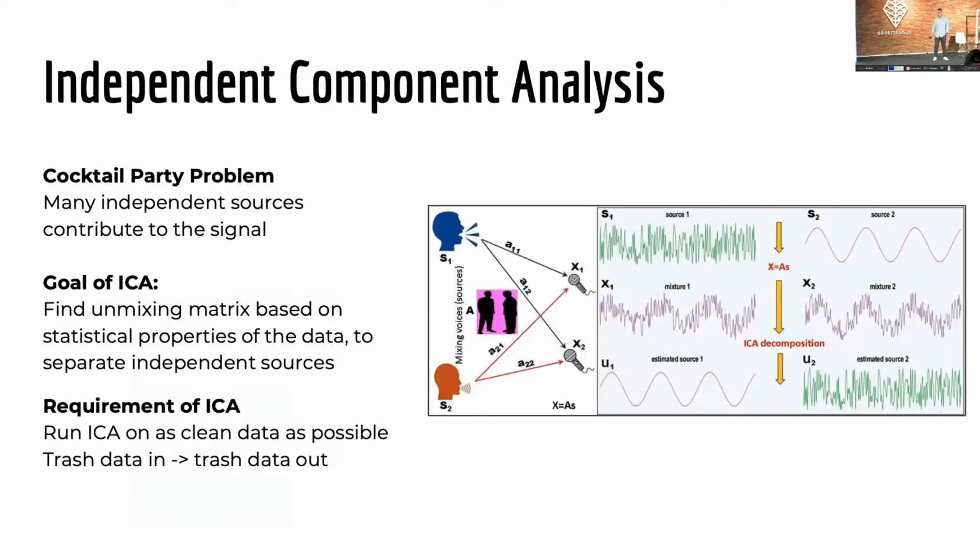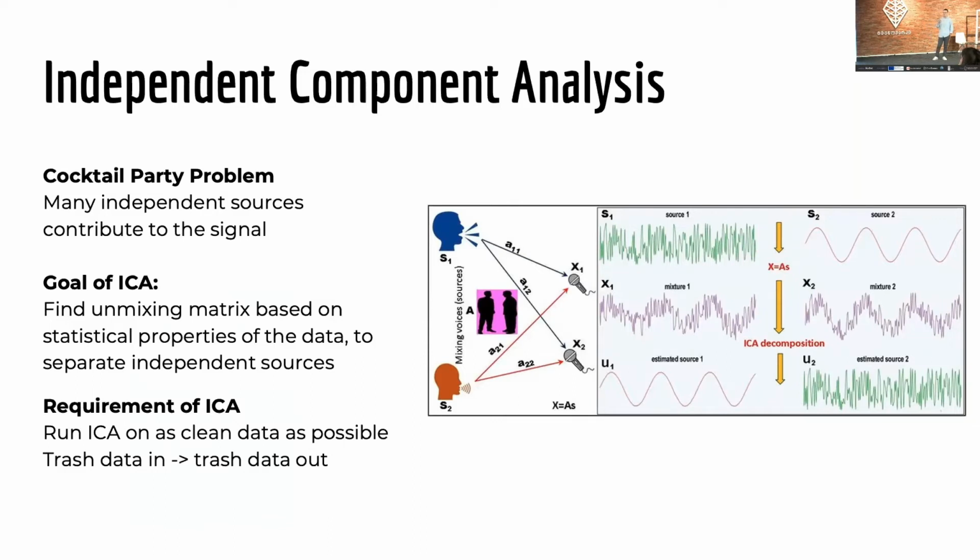Independent component analysis, or ICA, is better understood through the cocktail party problem. Imagine you are at a cocktail party, like you were during the lunch, and there is a lot of noise. A lot of people are talking simultaneously, someone is making noise with a fork, and you are trying to figure out someone's particular speech.